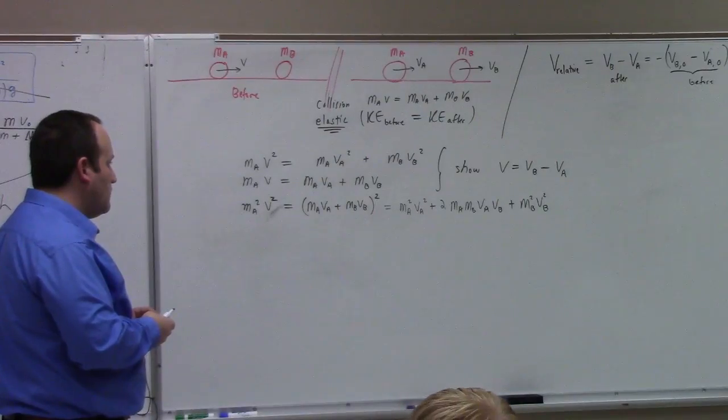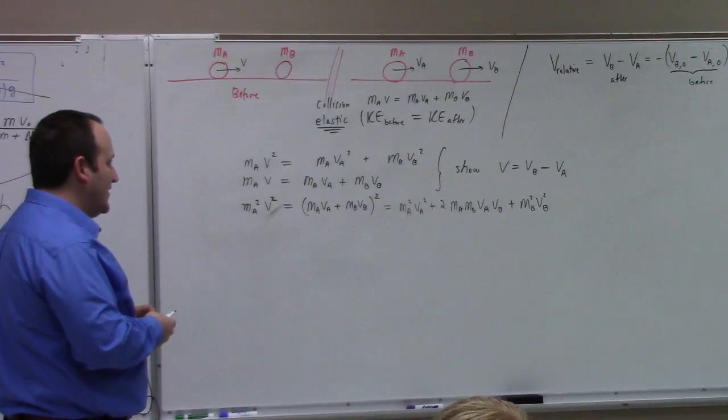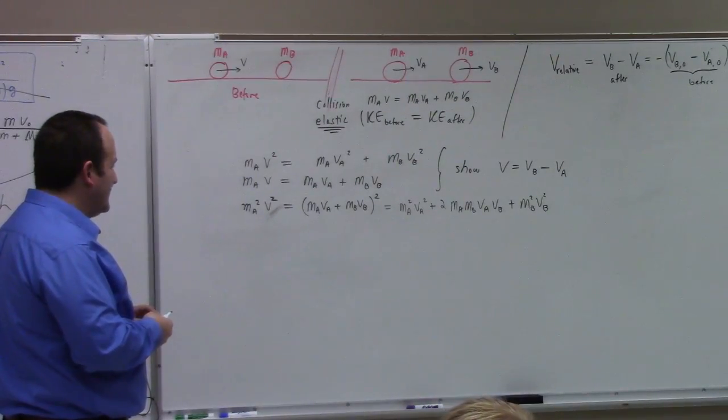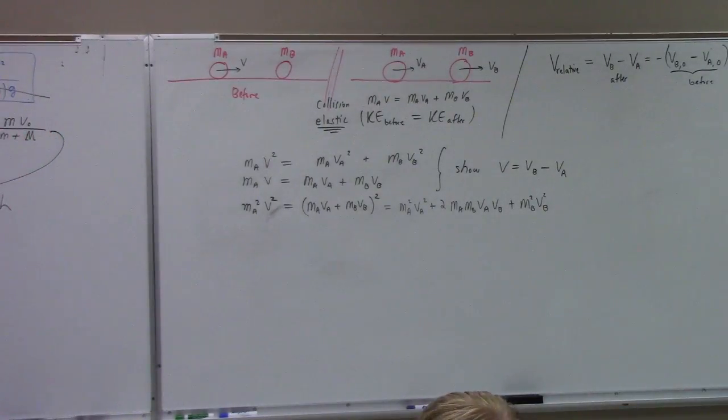I'm trying to remember how I did this. I mean, I could look in the notes, but that seems like cheating. Well, one path forward is to solve for v squared, but I'm not sure I want to do that.